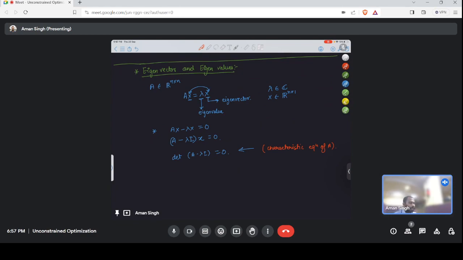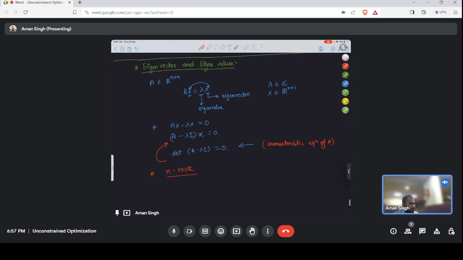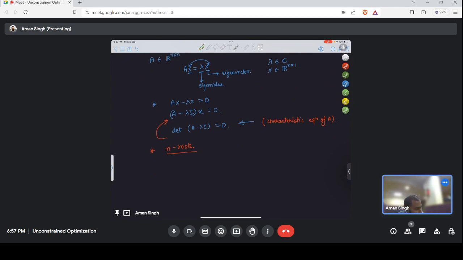The corresponding eigenvectors you can find by putting those roots back in this equation. Most of you must have done this in courses. And one more thing, there are n roots. I'll not do an example here, but I hope you understand this.